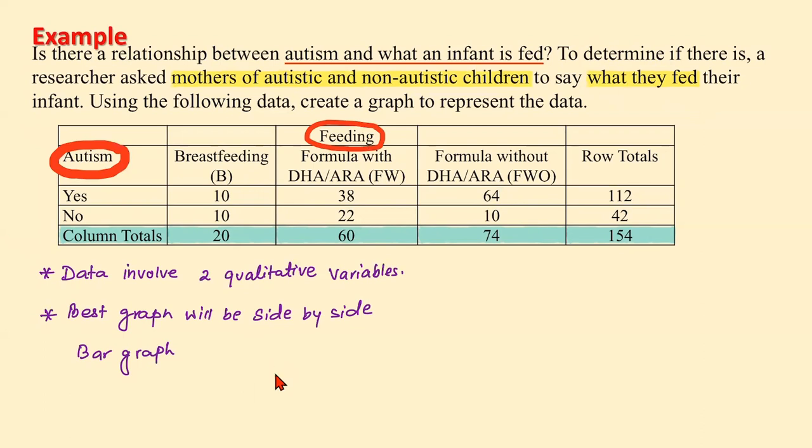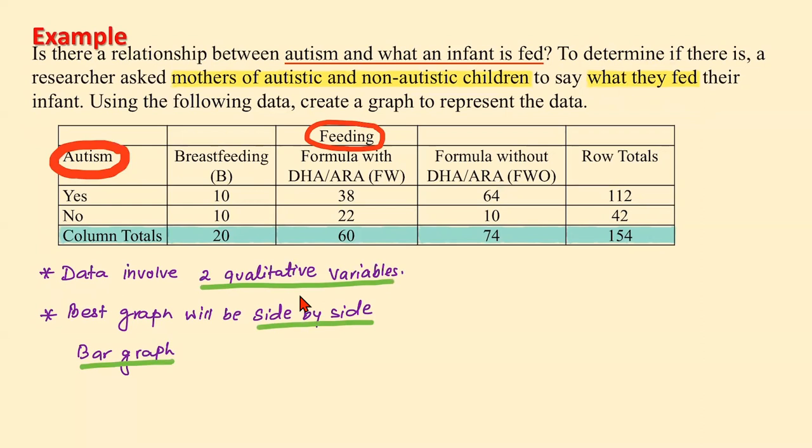We cannot make histogram because this is the qualitative data. If it is quantitative data, we can make the histogram. So two qualitative variables are involved. Because of that, we can make side by side bar graph to represent that. And now we are going to create that side by side bar graph.